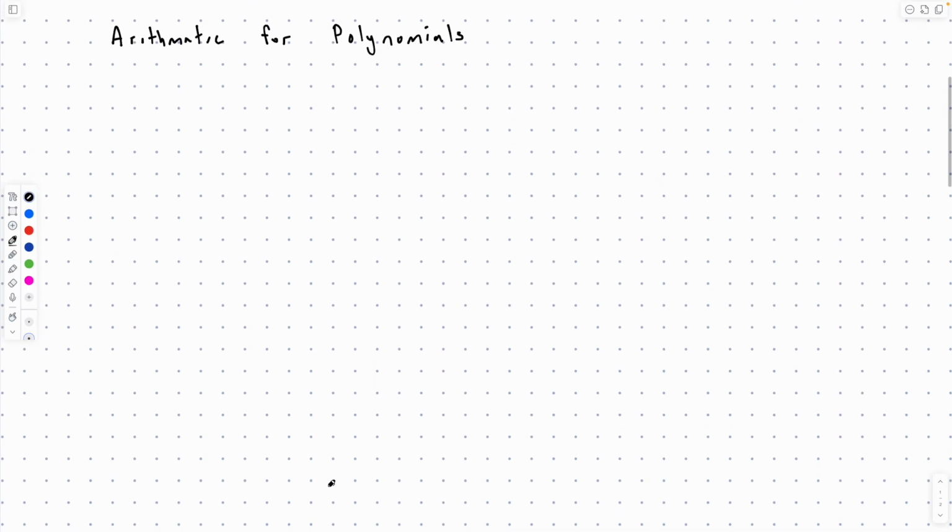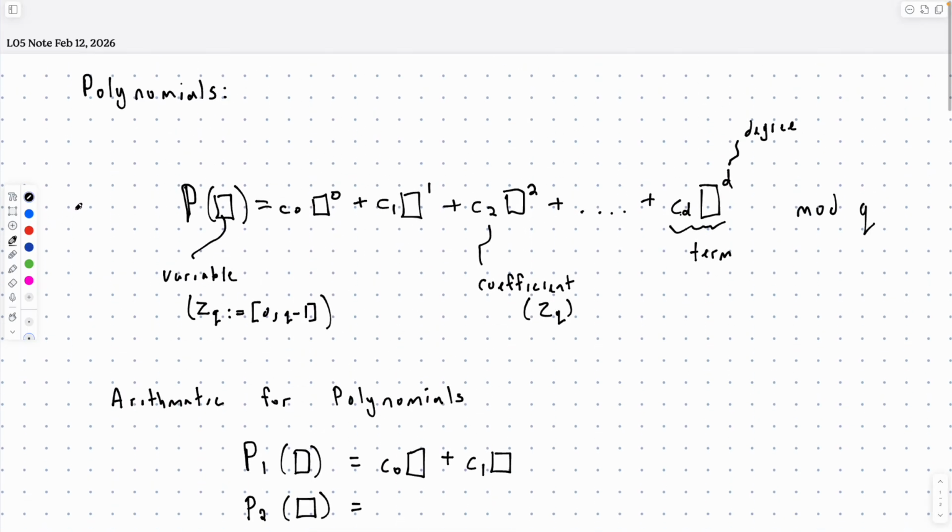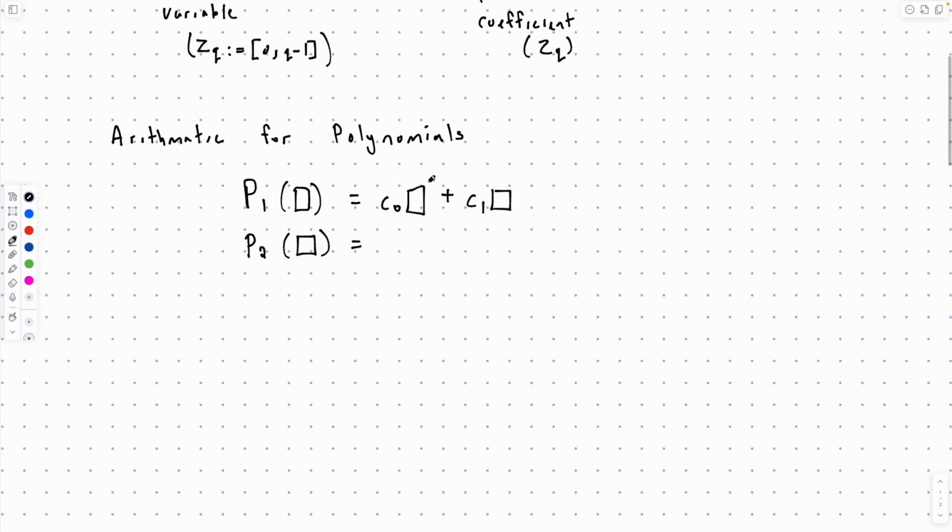So let's do a simple example. We'll define two polynomials. We'll call them P1 and P2. And I could fill in real numbers. I'll just leave it as coefficients.